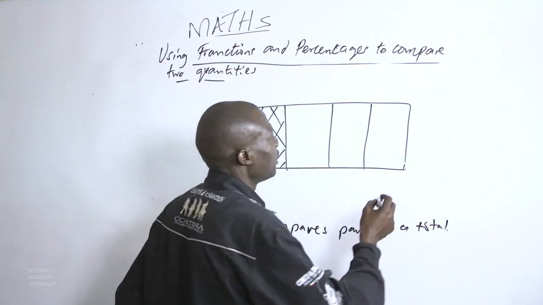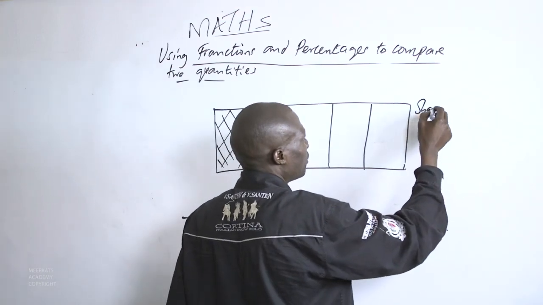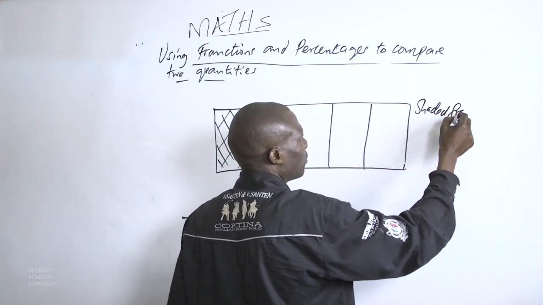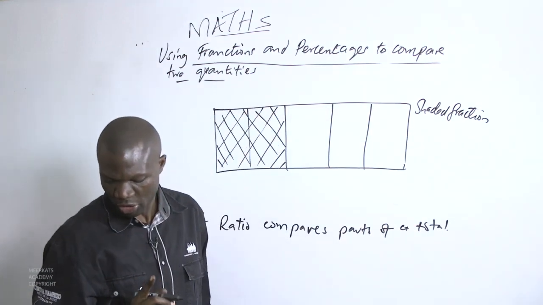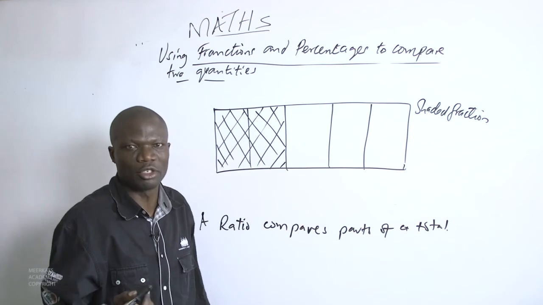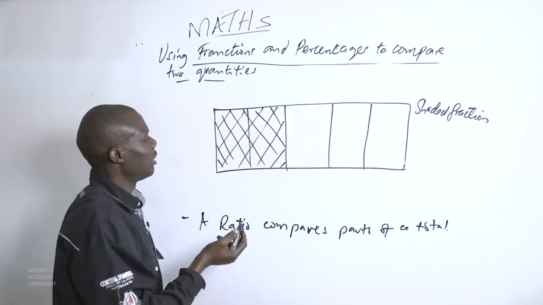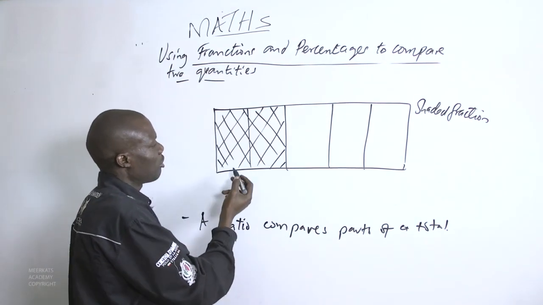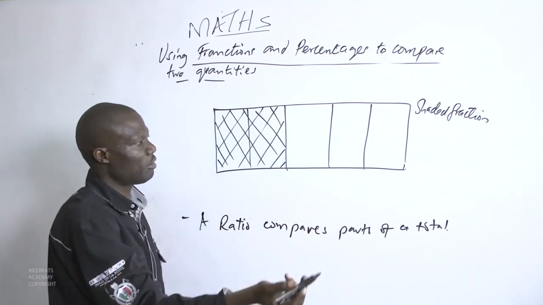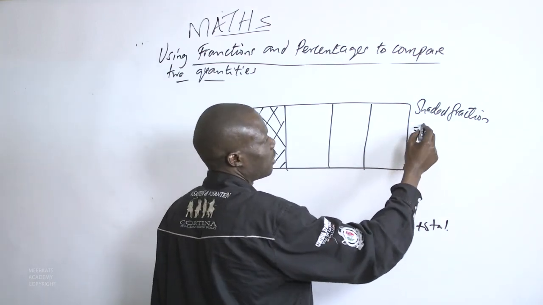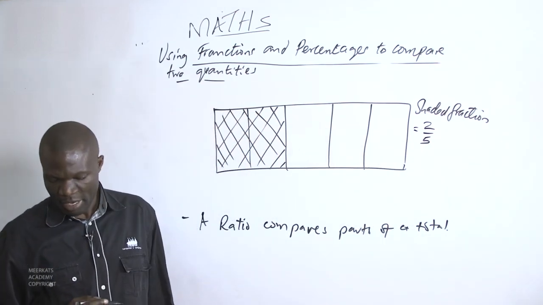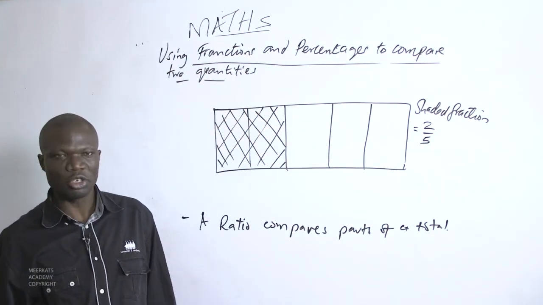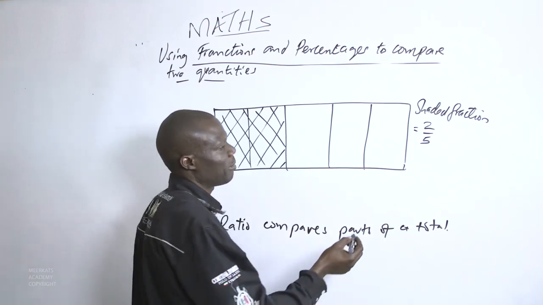So you'll find that for the shaded fraction here, we just count. What fraction is shaded? It's 1, 2 out of 1, 2, 3, 4, 5. So this gives us 2 over 5. And this can be shown in a wider area as a percentage.